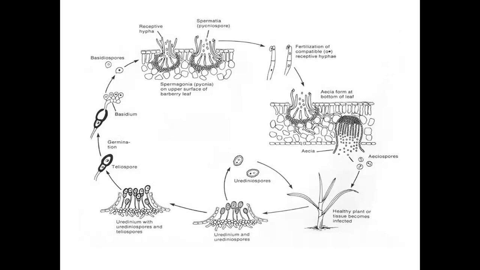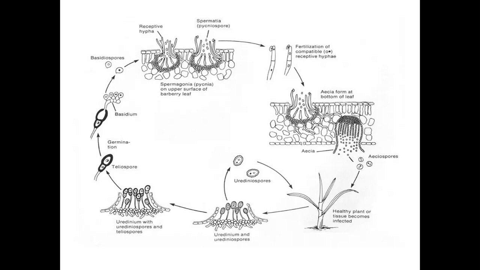The formation of teliospores, then thereafter the germination of teliospores after a resting stage, and then formation of basidium and basidiospores. Then the basidiospores cause infection on another host, an alternate host known as barberry plant, where the spermogonial or pycnial stage and the aecial stage will form.